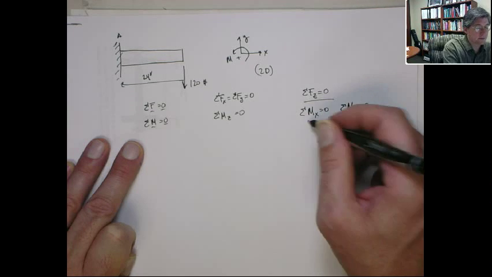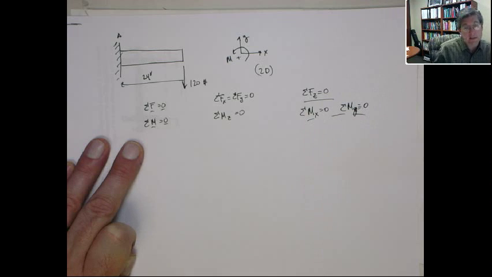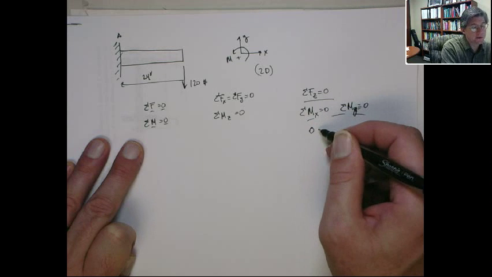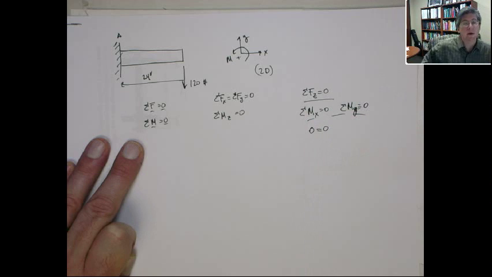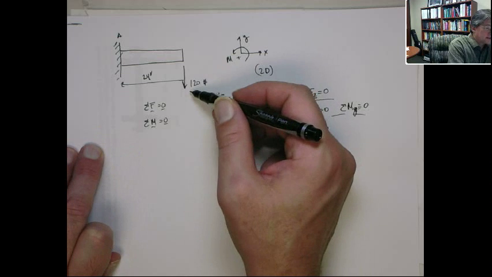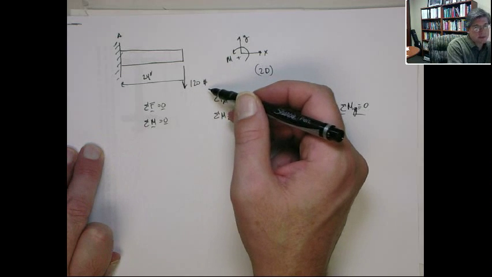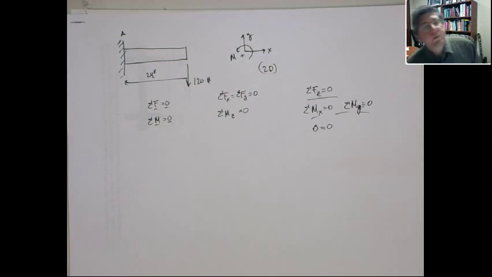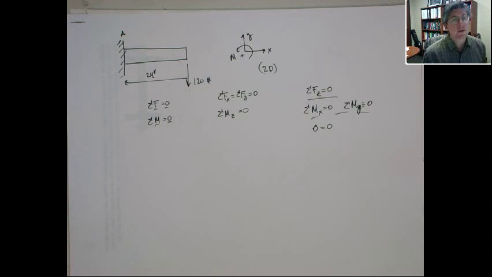You basically get 0. All these equations will be 0 equals 0. You could write this as 120 in the minus j direction, so you can solve this in a 3-dimensional manner. But usually we do this in 2D.